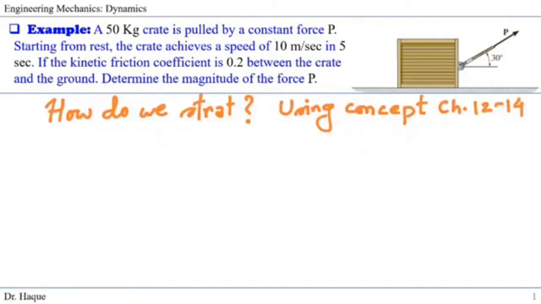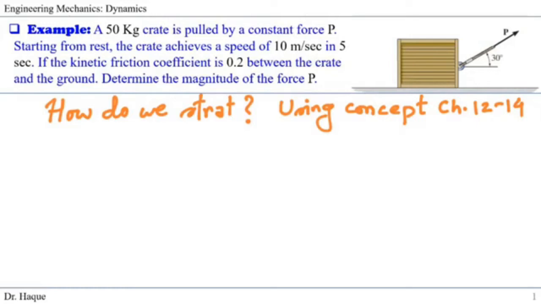So now, how do we start? As we said, we're going to solve this problem in two different ways. First, using the concepts that we already know from chapters 12, 13, and 14. And next, we're going to solve it using the concept of 15.1 to 15.2 of chapter 15.